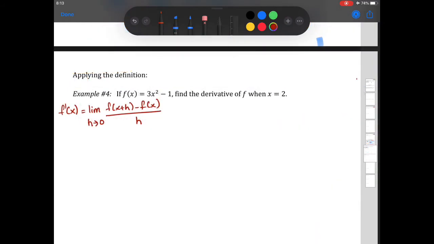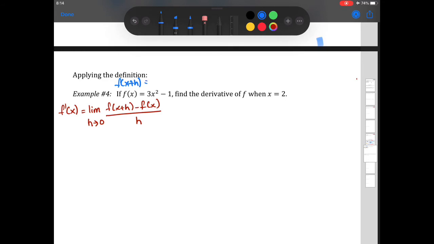Example 4, it says, applying the definition, find the derivative of f when x equals 2 of the given curve. So I wrote the definition already, the difference quotient. So the first thing I need to do is find my f of x plus h. So I'm going to take it up here, and I'm going to substitute x with x plus h, and what do I get?